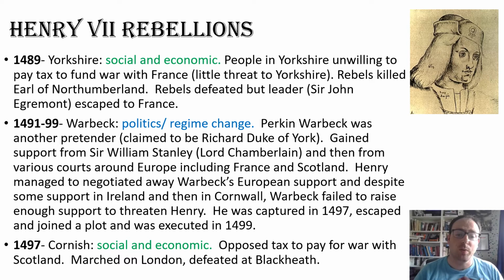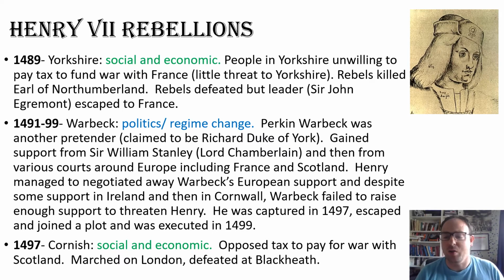He gained support from Sir William Stanley, who was Lord Chamberlain, a key figure in Henry's government, and actually married to Henry's mum, which was a bizarre reward he was given after joining Henry at the Battle of Bosworth. And then there was also support for Warbeck at various points from various courts around Europe, including France and Scotland, kind of key enemies or key threats to England.